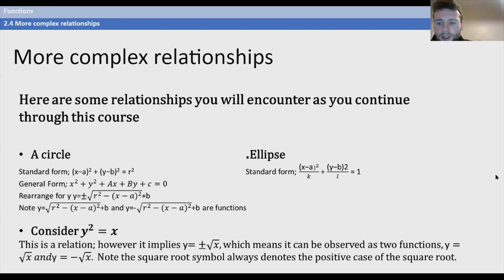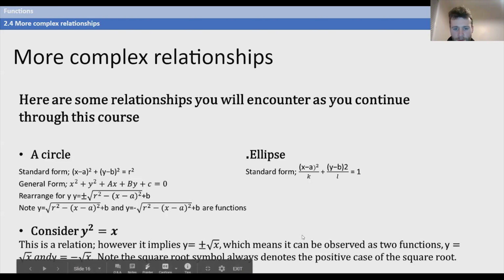I'm going to keep showing you this notation plus or minus because you'll see it all the time. So here, y equals plus or minus the square root of x. That's if you solve y squared equals x. Well, that means for one x coordinate right here, you're going to get two different y coordinates. You're going to get plus root x and minus root x. And so it's a relation.